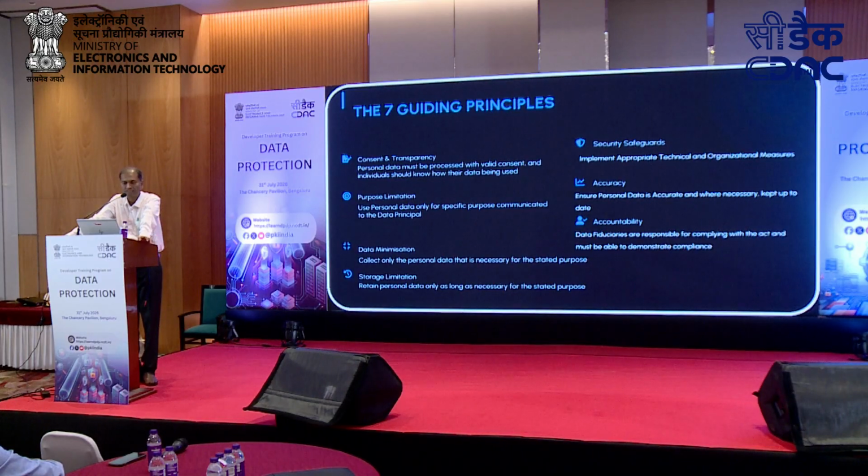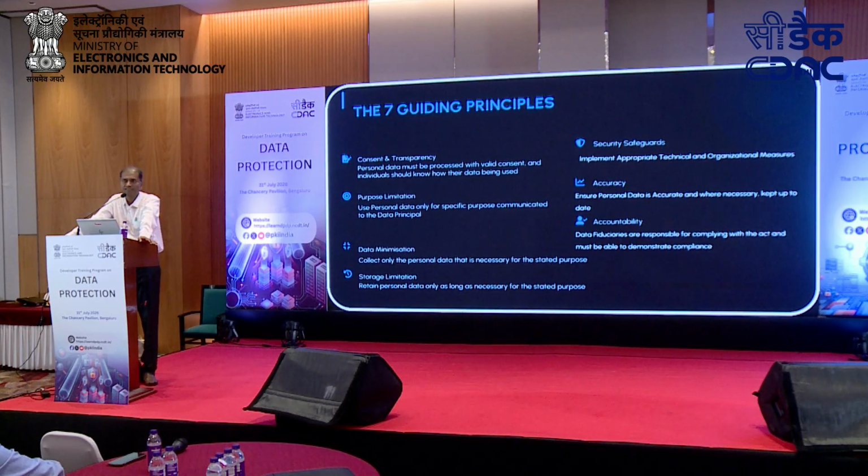That is number 1. Second is purpose limitation. Use the personal data only for the specific purpose for which it has been taken. While taking consent, you say you will be using this data for such and such a purpose. That purpose should be mentioned. So I cannot say I am collecting your mobile number for all purposes. That is not possible.